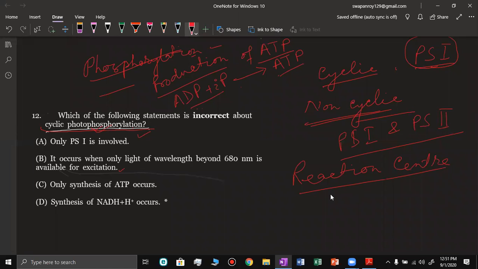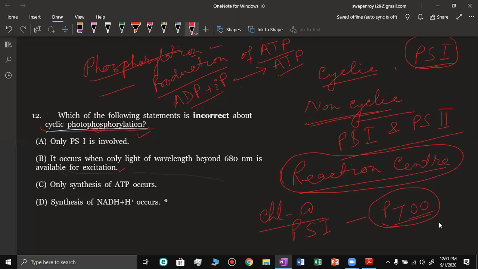In the photosystem, there is a reaction center, and these reaction centers are made of a special chlorophyll A molecule. The PS1 has the chlorophyll molecule which is known as P700, that absorbs light energy at or below 700 nm.